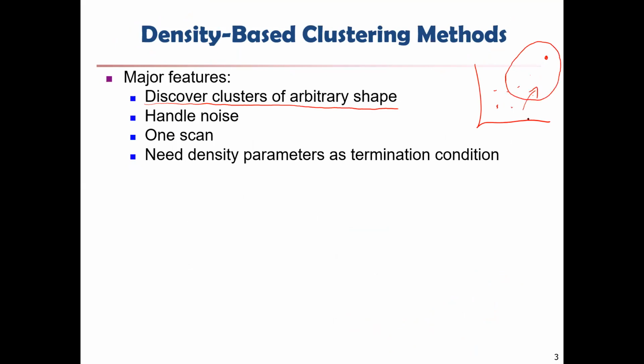But in this case, because of this density criterion that we are going to introduce, we may end up saying, hey, this might be an outlier, and this might be a region which is densely connected. And I'm going to say that this is my cluster. And I'm going to be able to handle this data point.